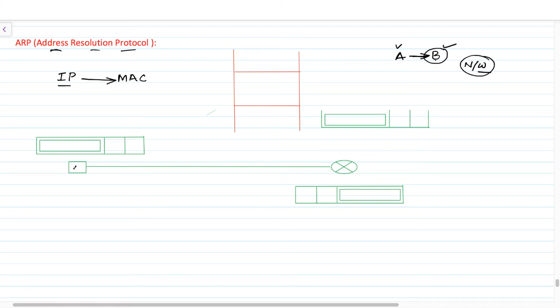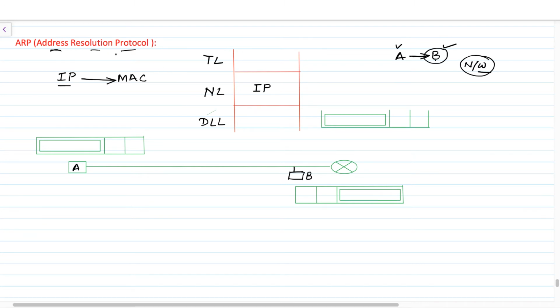Here we have host A, here it is B. From the OSI structure we know that if there is a network layer, the transport layer will be on the upper side and the data link layer at the bottom. In the heart of the network layer, a protocol called IP is there.